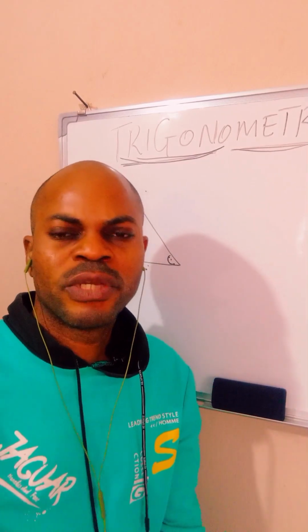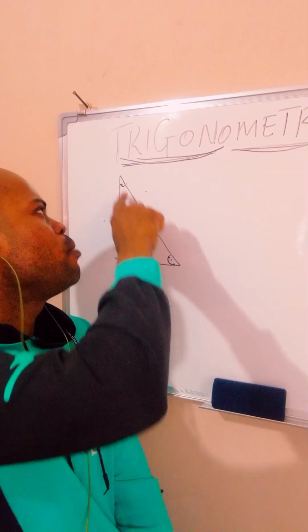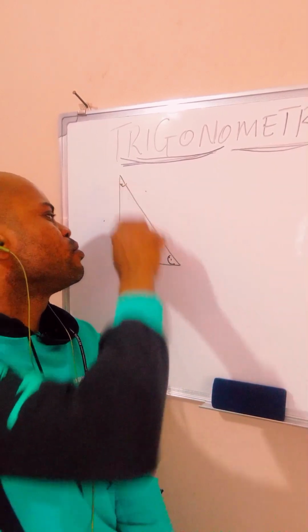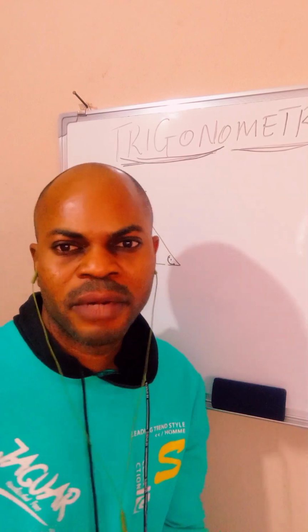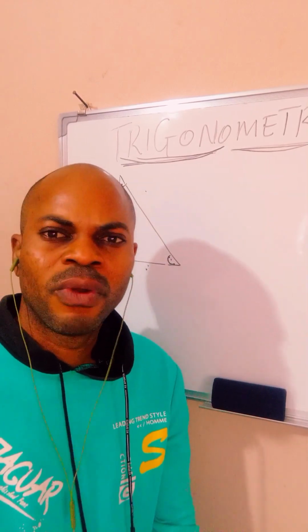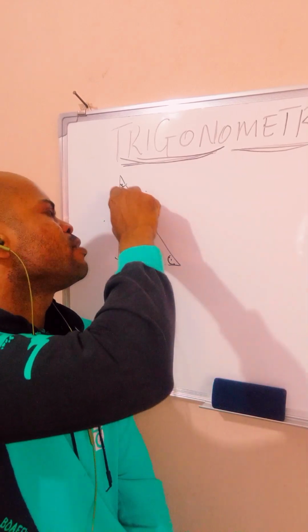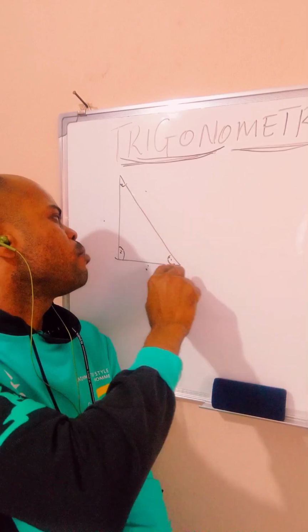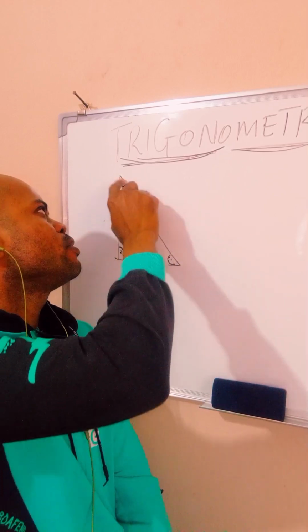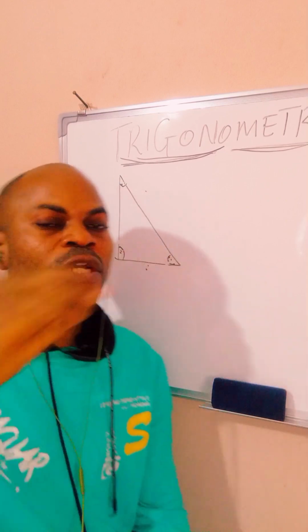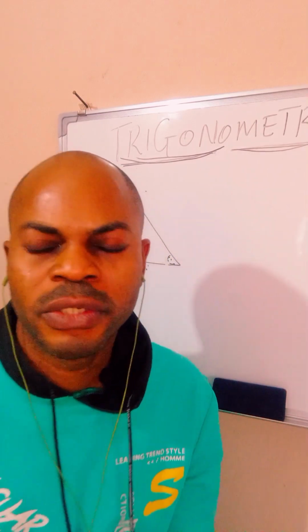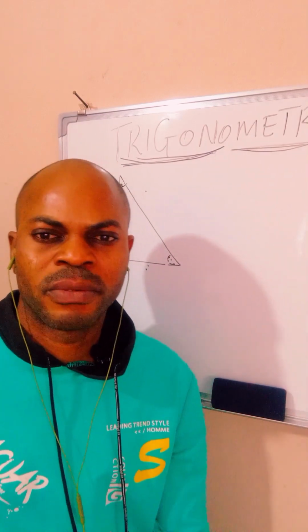The next fact we are going to establish is that the sum of the angles of a triangle is 180 degrees. In other words, no matter the size, the addition of all the values you're going to be having here should equate to 180 degrees.